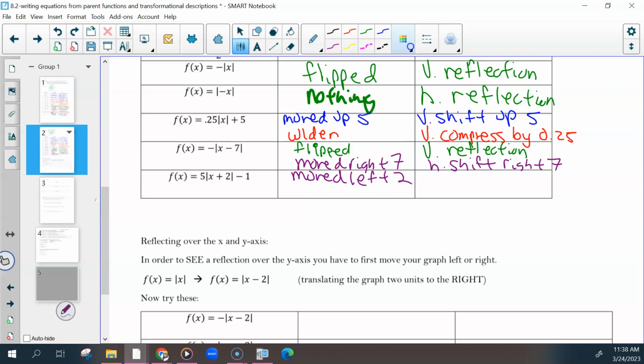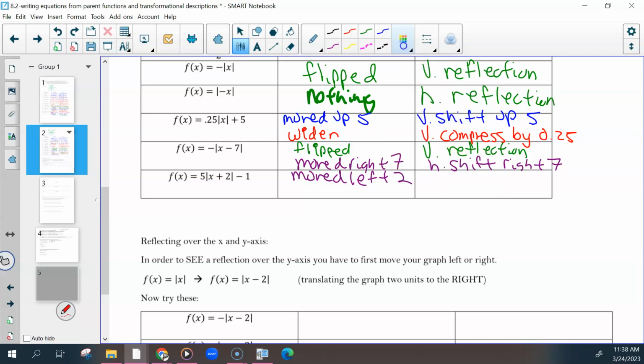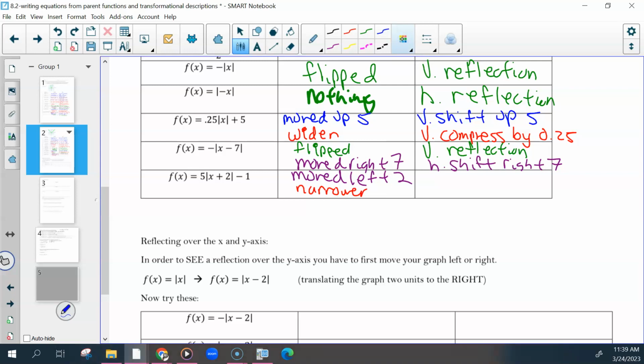What are the other 2 things that happen? Here. You got skinnier, narrower, yes. And then one last thing. Move down. Not horizontal reflection.